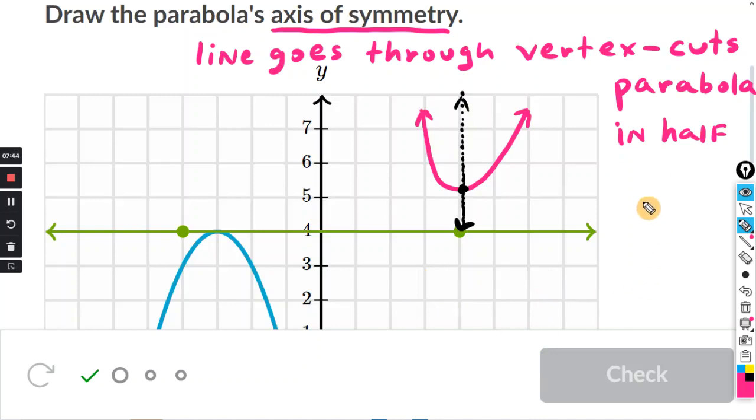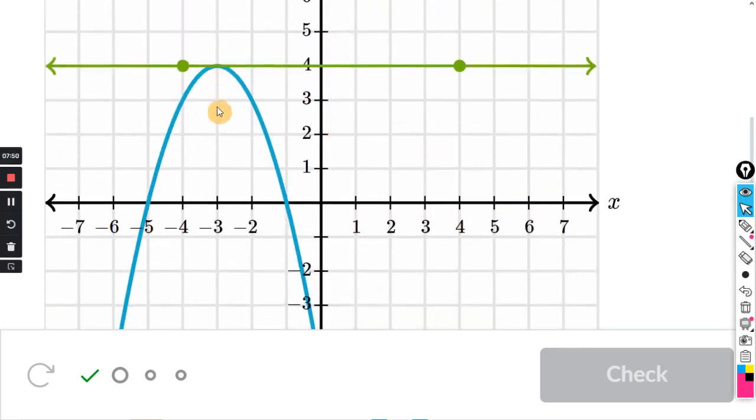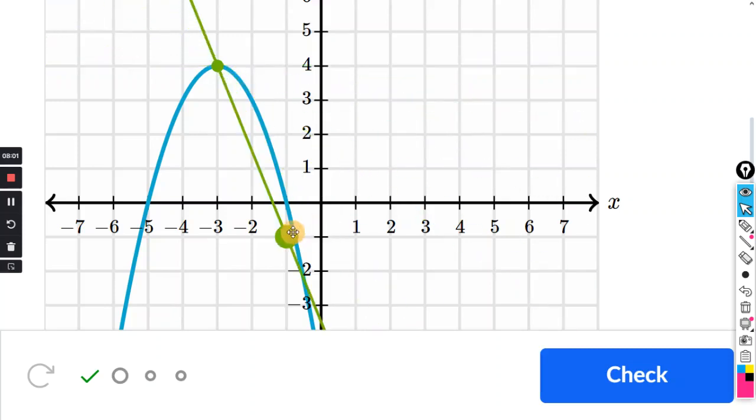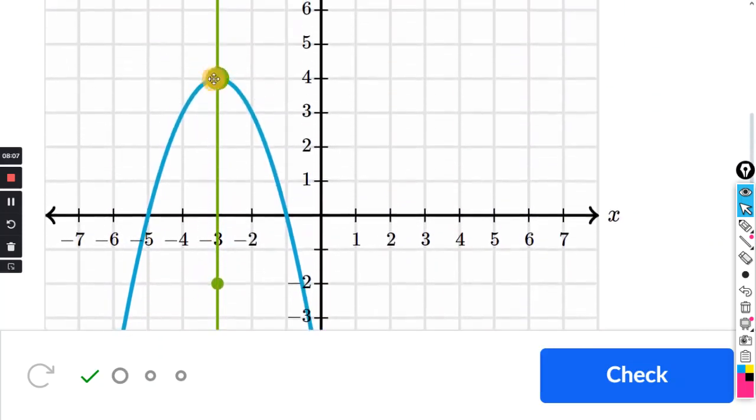If I can erase this mess here. Axis of symmetry, here we have our parabola. I would take one point and put it right on the vertex, and then take the other point, left click, hold it down, and drag it so it makes a line right through the parabola. See that line? It cuts the parabola right in half, and it goes through the vertex.